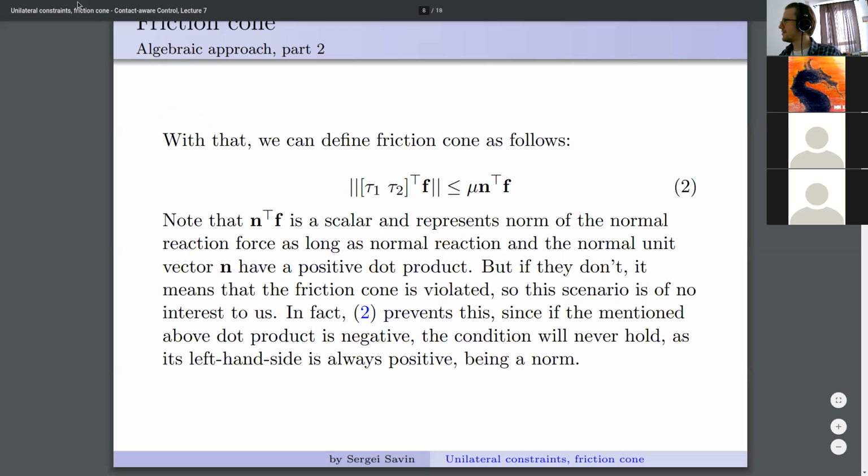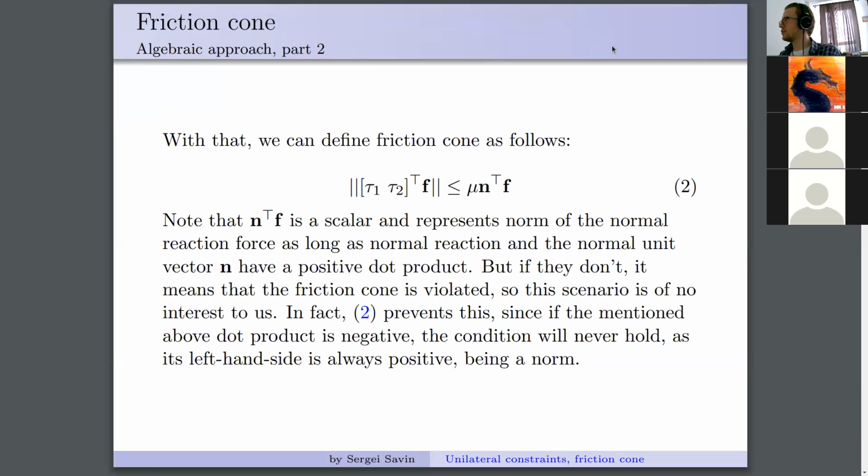But when? Mu is basically always positive. So when is this dot product N transpose F going to be positive? It depends on the angle of the dot product.